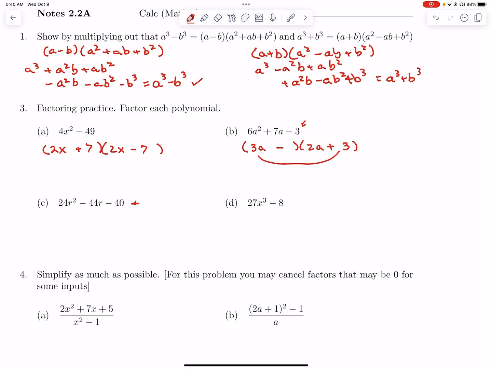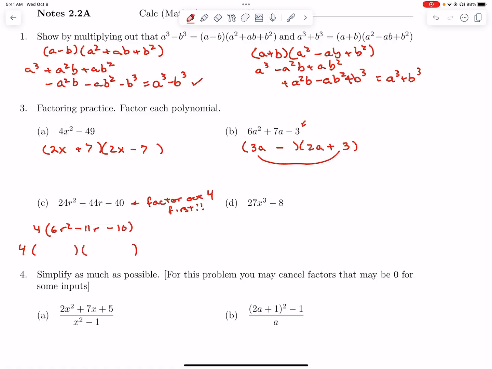Watch for common factors. Among other things, it keeps the numbers smaller, makes it much easier to deal with.